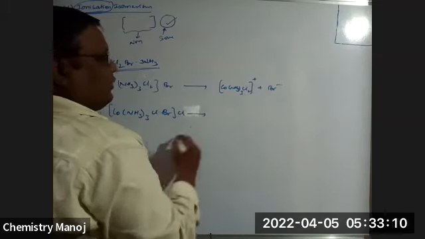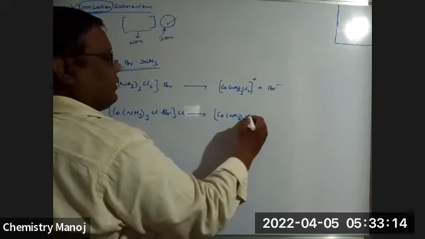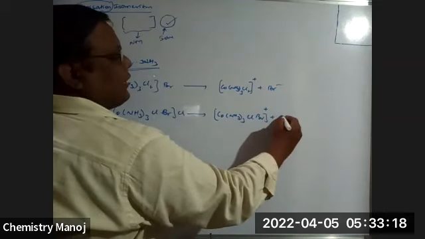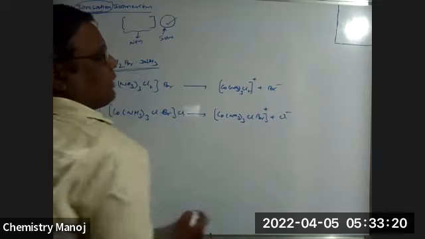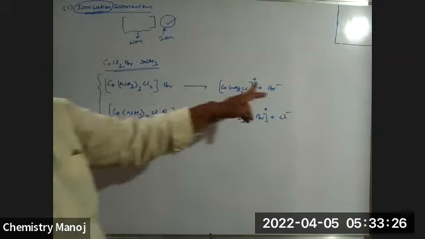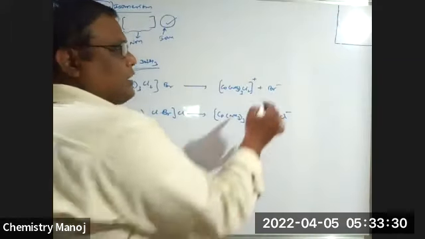If this is dissolved, that gives [Co(NH3)3ClBr]+ ion, and outside gives Cl minus ion. That means when these two complexes are individually dissolved in a particular solvent like water, this gives bromide ion, this gives chloride ion. That means the ionizable part is changed.